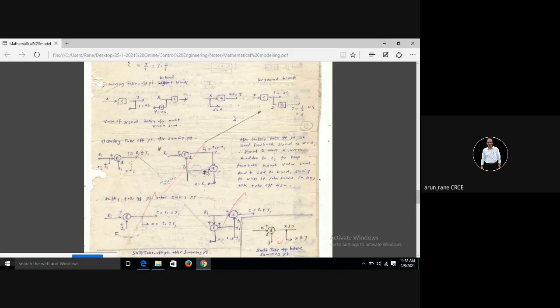Now just see, check. So what modification has been done here? Now here this is x and g, so y is equal to x into g. Yes, sir. So they have directly added it on the takeoff point only.